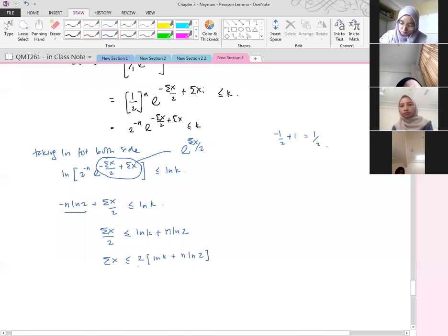So this is your new critical region C, which is summation of x less than or equal to C. Okay, done.